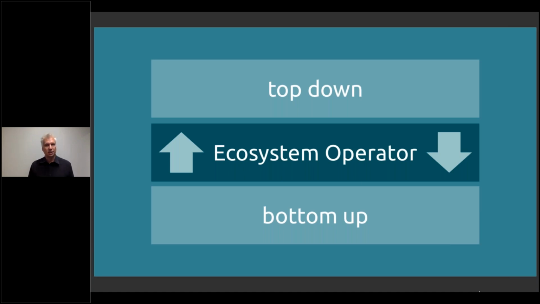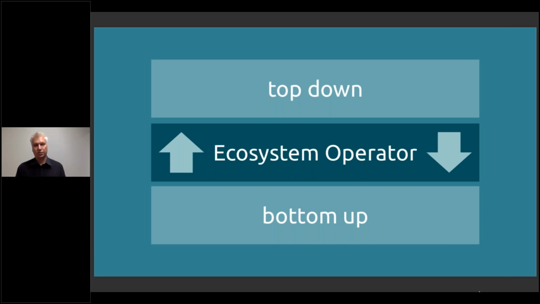And that is then the next phase to think of going forward: how should the ecosystem operator be structured, how should it be governed, and where does it get its mandate to become the operator for the ecosystem.